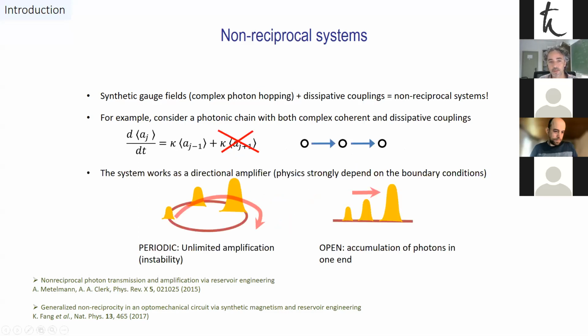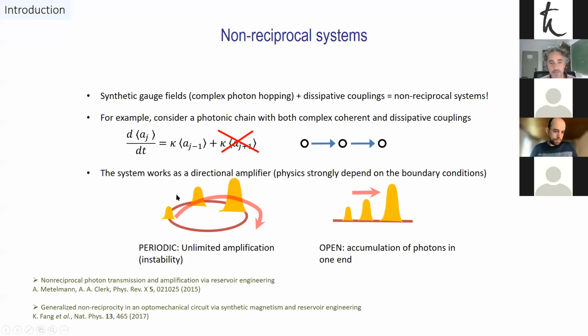So if we consider a photonic chain that has these non-reciprocal couplings, we would find a situation where one of the sides receives inputs only from another side, on the left or on the right. This could also lead to the effect of directional amplification.